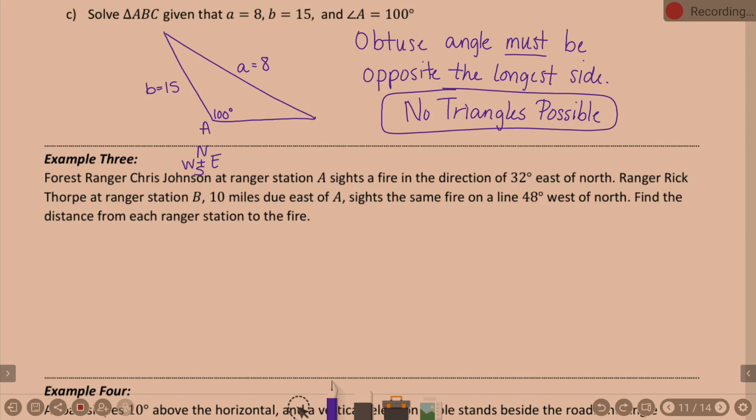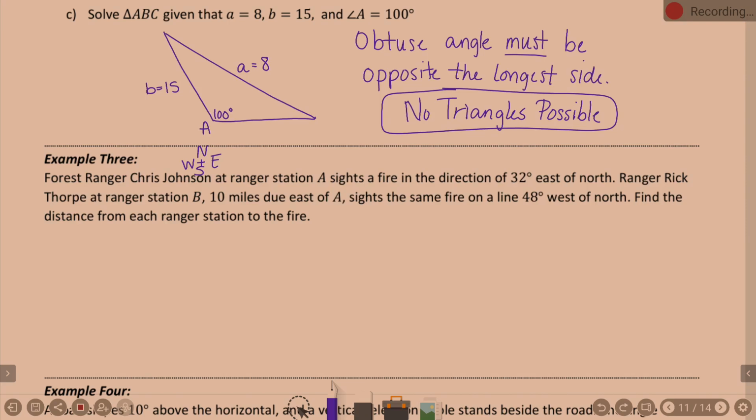Okay, so we have a ranger station A and a ranger station B. Now notice, ranger station B is 10 miles due east of A. Due east is just a horizontal thing, directly east, yes.